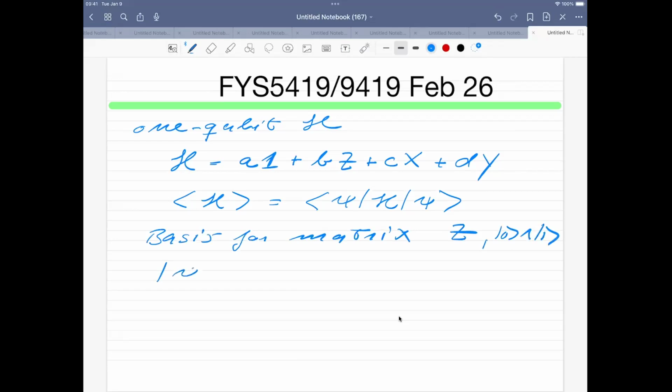So that means that the state, when we diagonalize the Hamiltonian, will be a linear combination of C1 in the C, which are eigenstates of this C matrix, plus a C2 of 1.